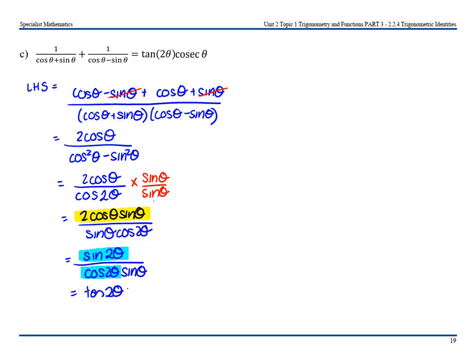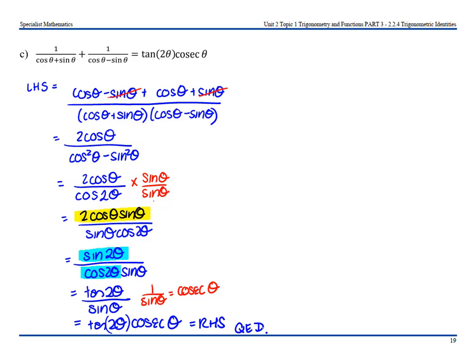And I'm going to times all over sine theta. 1 over sine theta equals cosec theta. So that is equal to tan 2 theta cosec theta, which equals my right-hand side. Done.